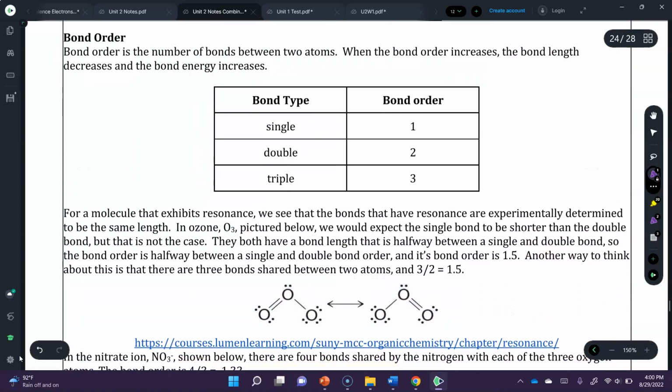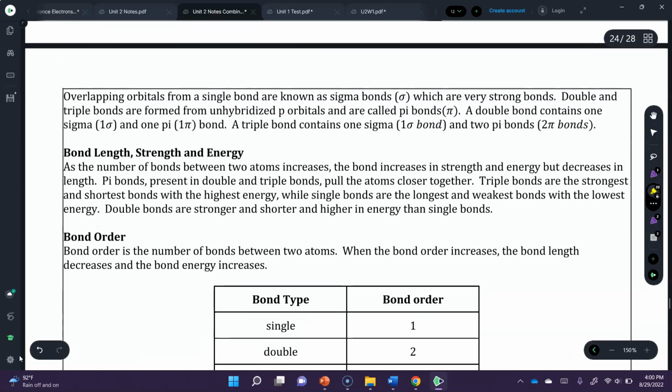Okay, so overlapping orbitals for single bonds, or for the first bond, are known as sigma bonds. Sigma single. Double and triple bonds are formed by unhybridized p orbitals and are called pi bonds. P orbitals, pi bonds. So double bonds contain one sigma and one pi bond. This isn't something that you're expected to be able to draw or know, but you have a bond going across between two atoms of overlapping orbitals, right?